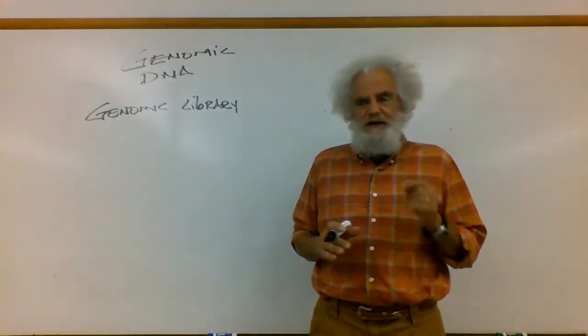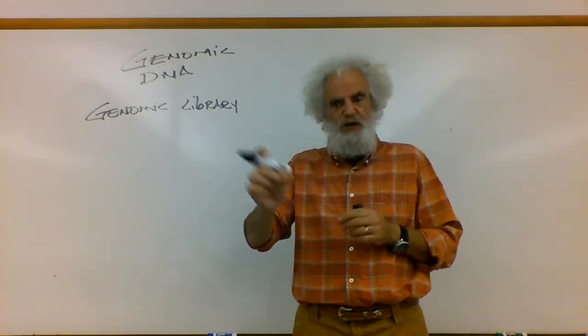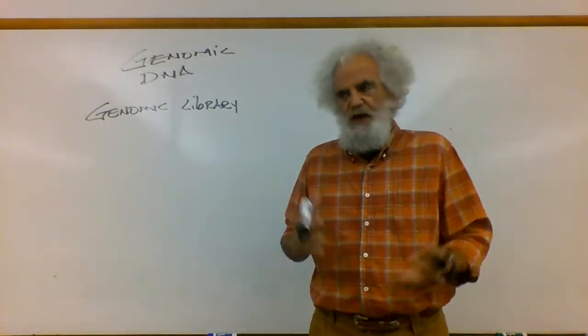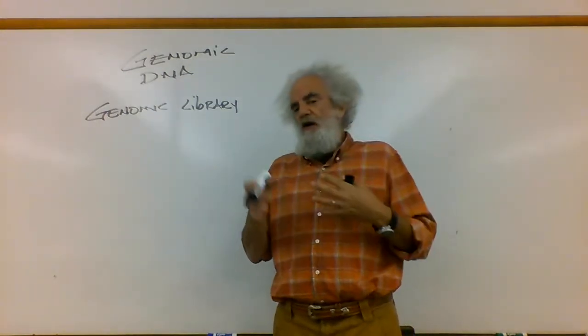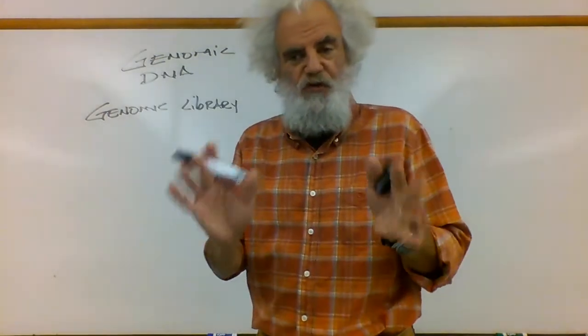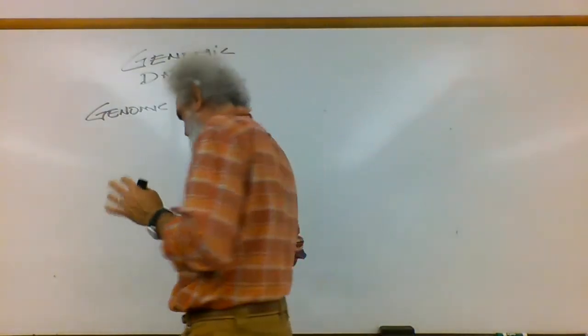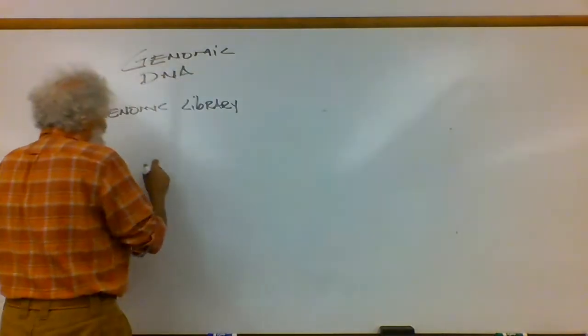And trying to get a complete genome's worth of individual clones becomes a bit of a statistical game, but you can do this. There are a couple of standard ways of doing it. This is going to be just sort of a generalized way of doing it. There are a lot of tweaks to this, but this will get us kind of going on the right track.